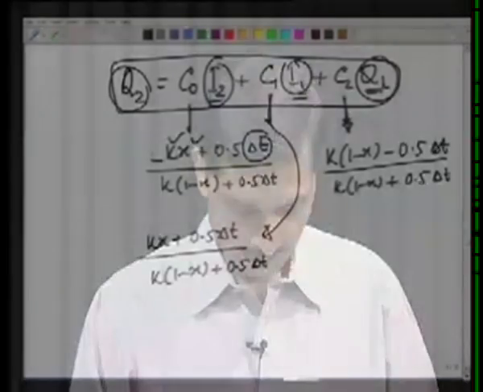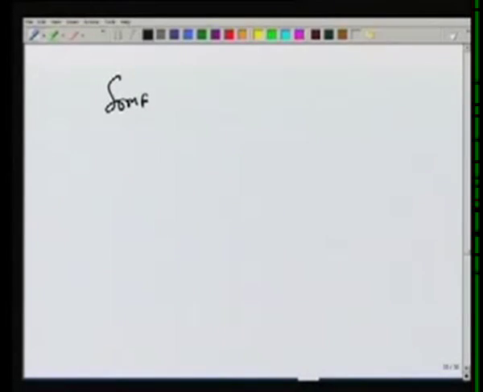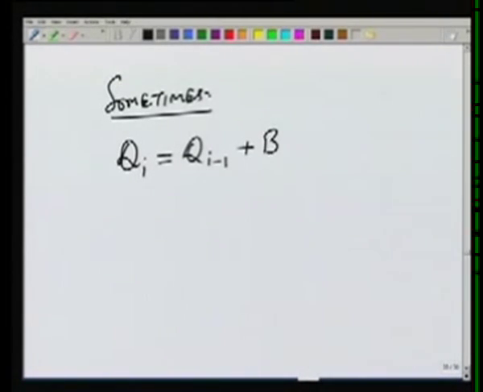Sometimes it is also written in a different form, as Q at any step related with the previous time step value, some constant, and the net inflow before the time step and net inflow after the time step.